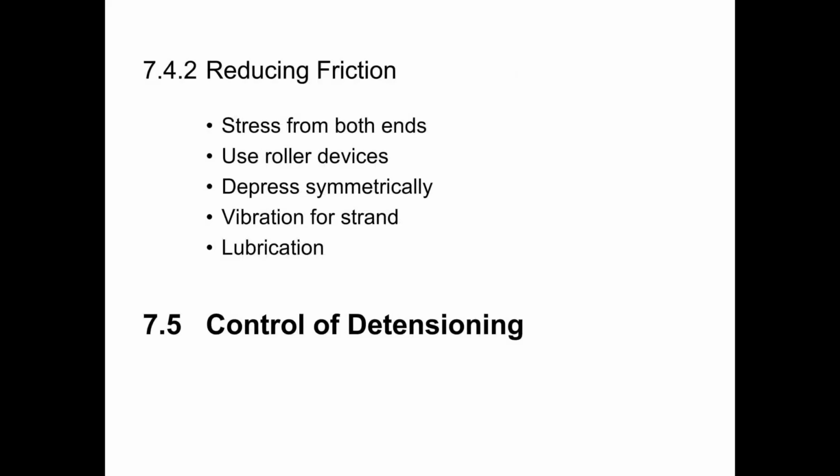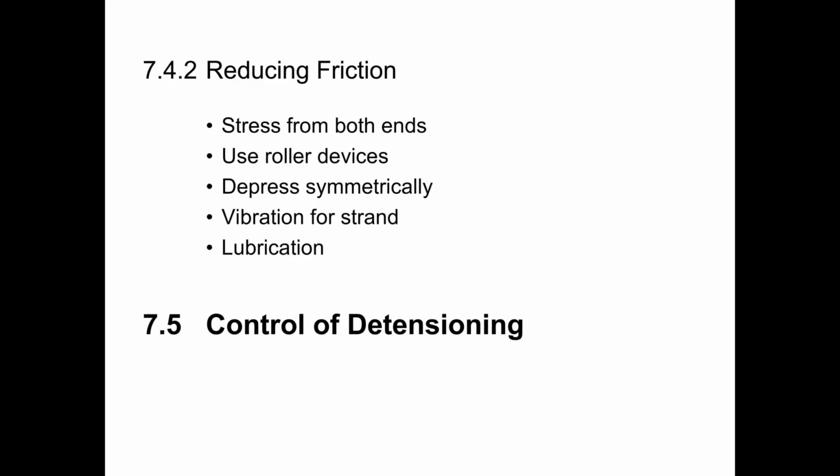Okay, reducing friction. There are some methods for reducing friction that are listed at the top of page 712. One of the things that we can do with draped strands to help make sure that we get the strands tensioned within the required tolerance is to tension the strands from both ends of the bed. Some DOTs require that draped strands be tensioned from both ends of the bed.